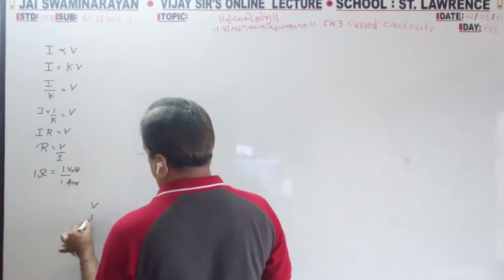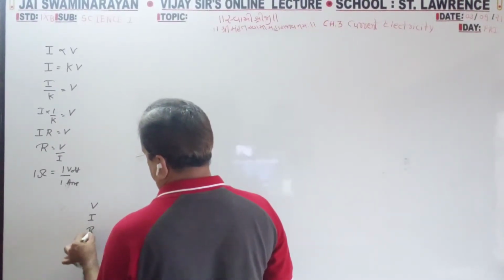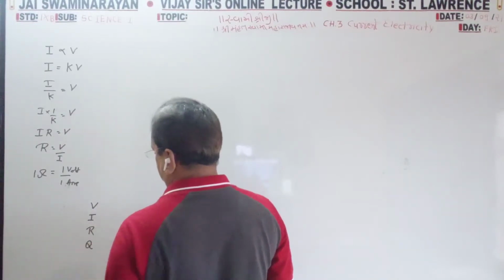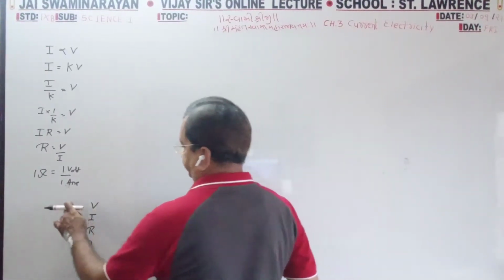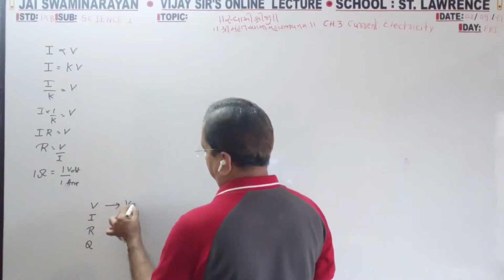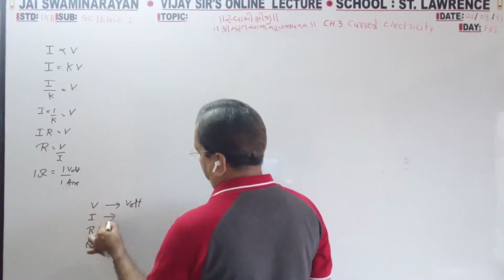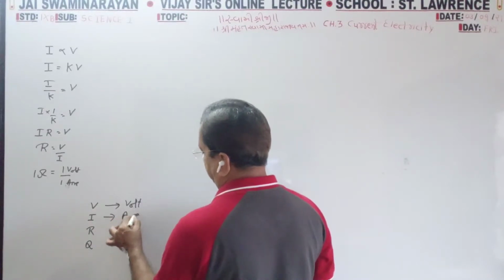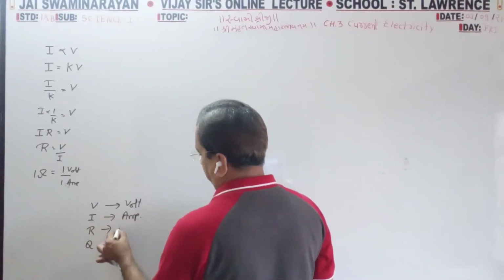V, I, R, Q. V is measured in volt, I in ampere, R in ohm.